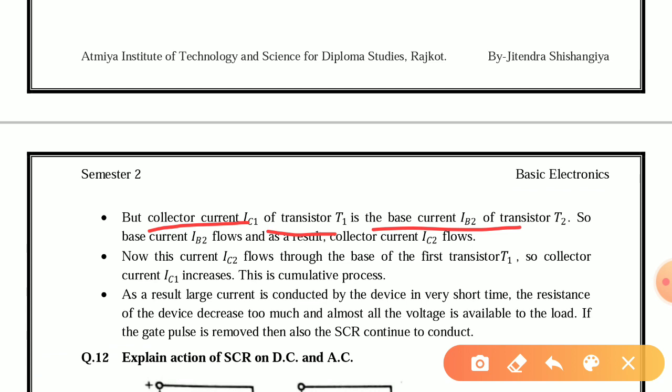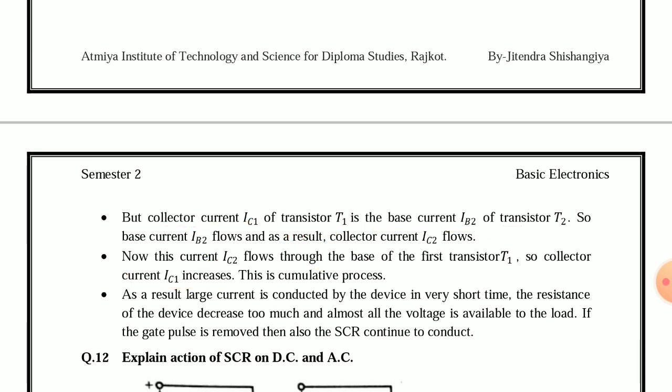As the base current flows in transistor T2, the collector current IC2 also flows. This IC2 current flows through the base of the first transistor, as it is connected, so the collector current is increased, and in this process the current keeps increasing. So this process is the cumulative process.